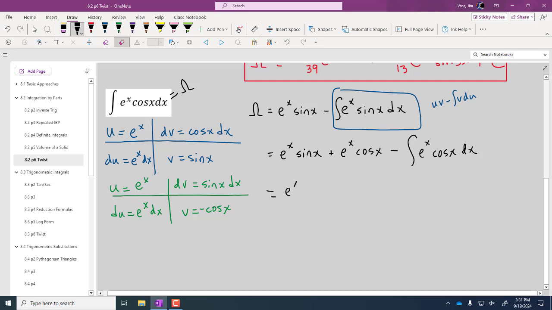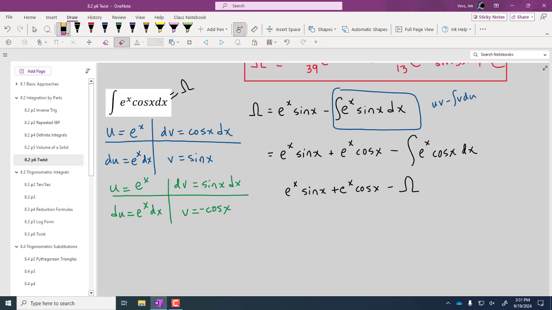Okay, so we have e to the x sine of x plus e to the x cosine of x minus omega. Minus smiley face. So we have an omega on the left, a minus omega on the right. We add them together, we get two omegas.